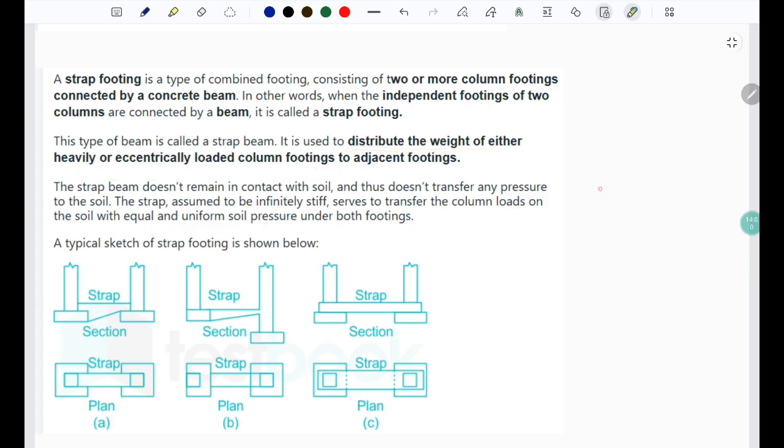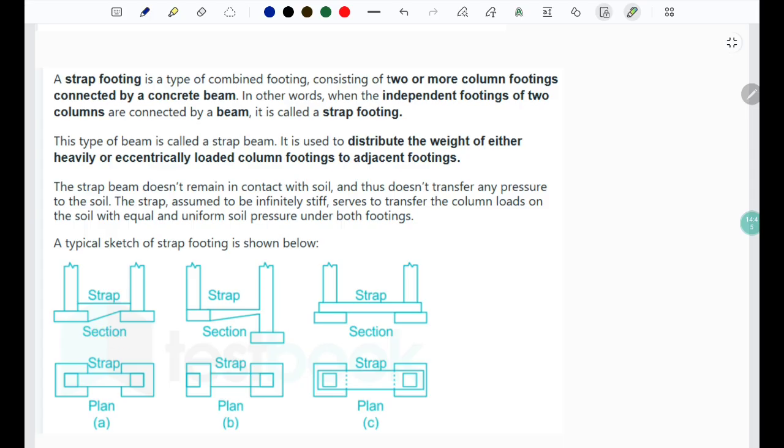As I said, let us say you were forced to have your foundation loaded like this, so it does create some eccentricity. It is not centrally loaded, so to prevent it, we provide the strap beam and connect it with another footing or column to distribute the load uniformly. The strap beam does not remain in contact with the soil and thus does not transfer any pressure to the soil. The strap is assumed infinitely stiff and serves to transfer the column load to the soil with equal and uniform pressure under both footings or all the footings.